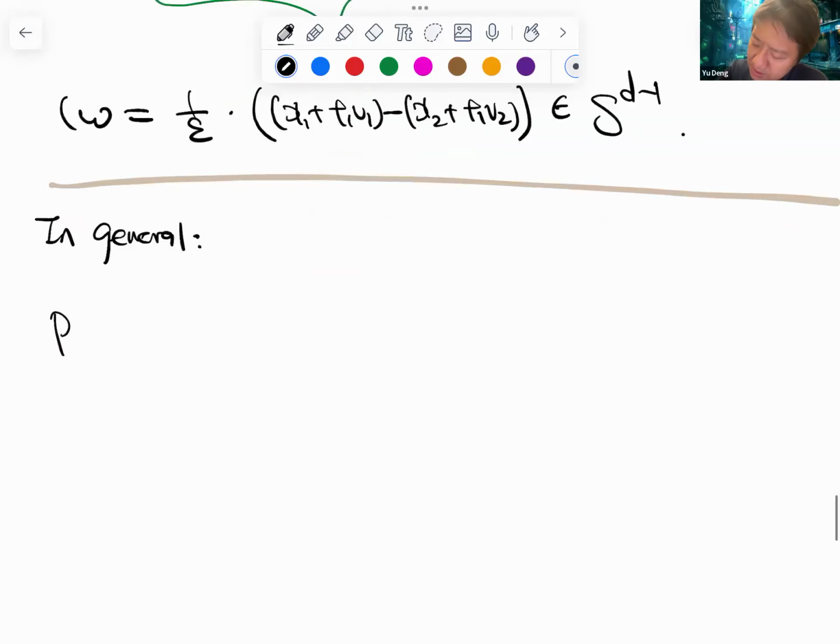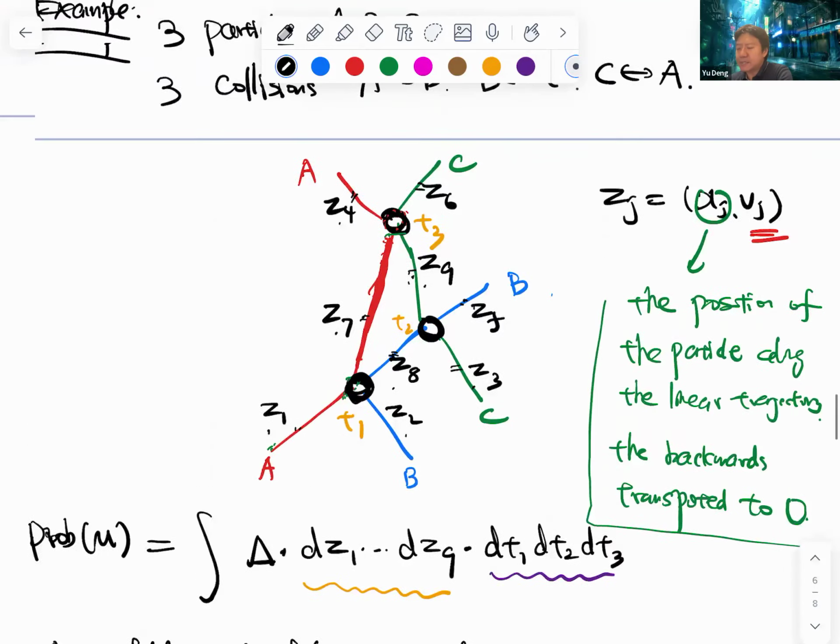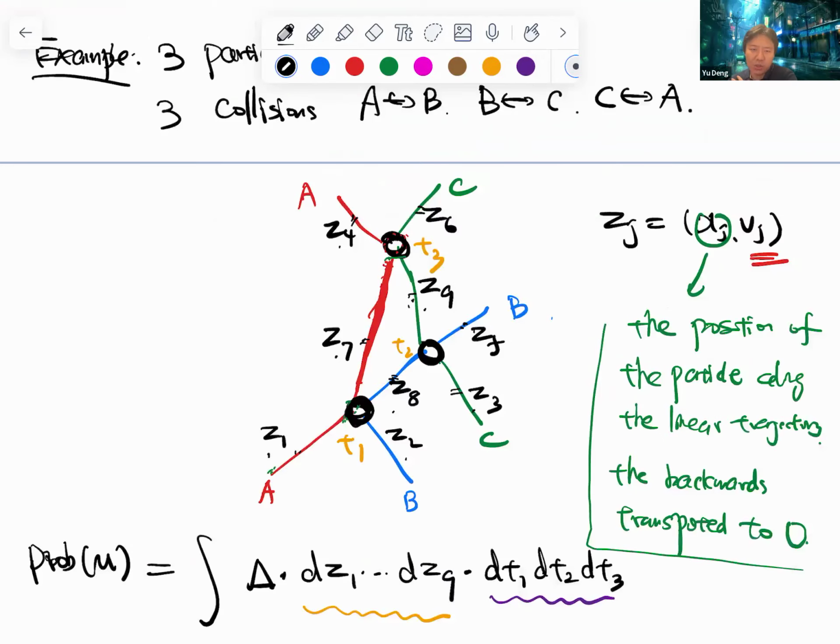We're having this probability m is the integral over all vectors, all time variables, that we draw in this picture. So we'll get back to this picture. We'll re-examine this picture later when we discuss the algorithm.